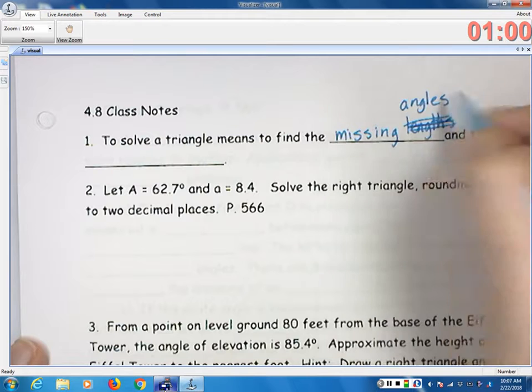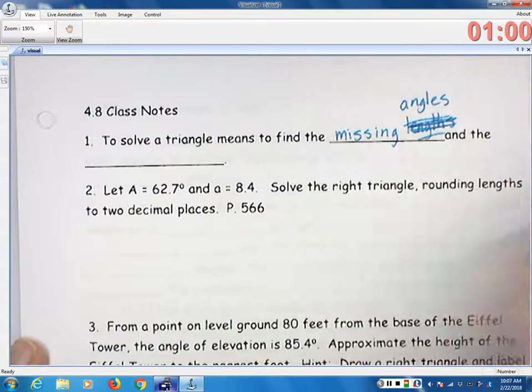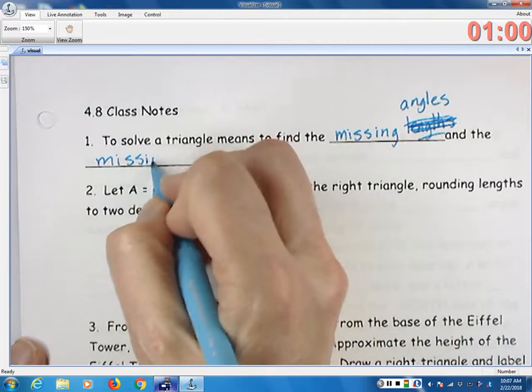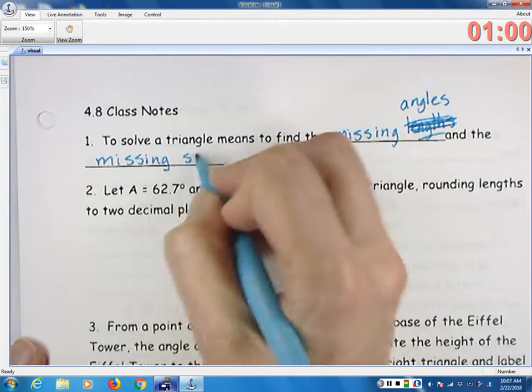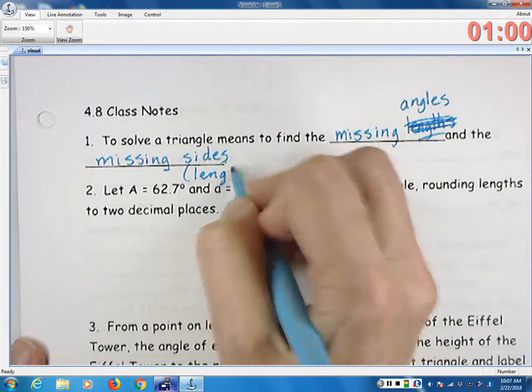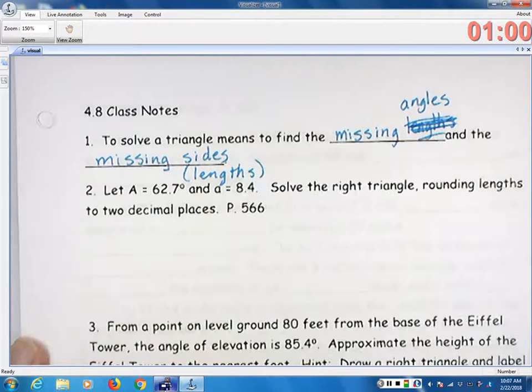Solving the triangle means to find the missing angles and the missing sides, which are lengths. There's a typo in the building notes. You've got to find the missing angles and the missing sides.